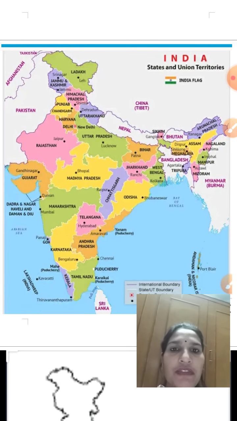Next, the extension of India. We can see the extension from north to south and east to west.